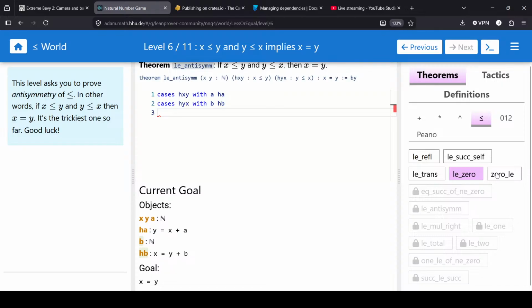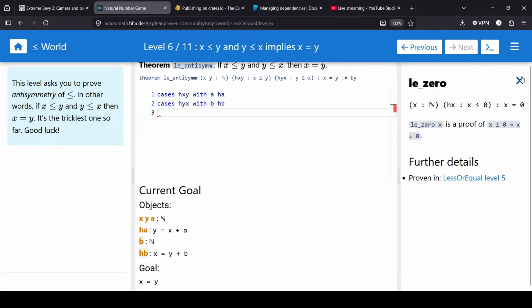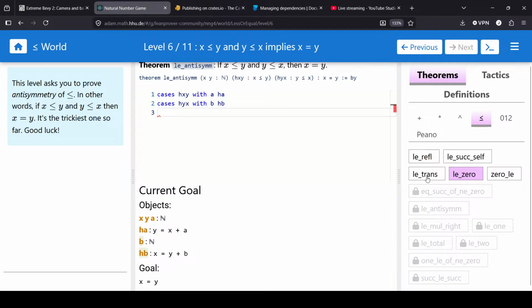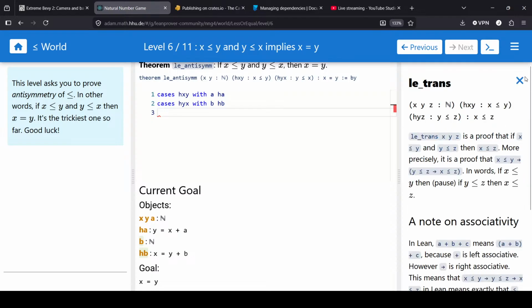So x is less than or equal to itself. We have 0 less than or equal to x. We have le 0: if x is less than or equal to 0, then x equals 0. And this is transitivity, which I don't think we need.